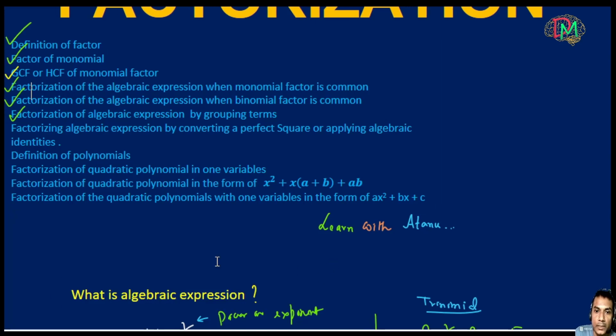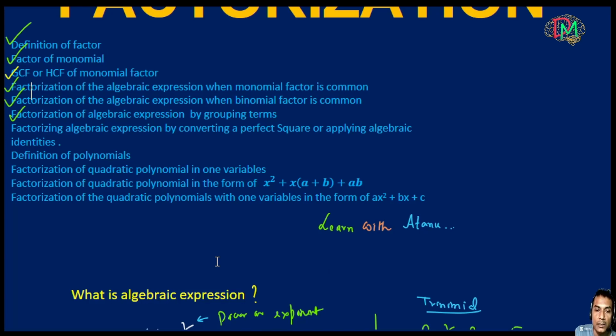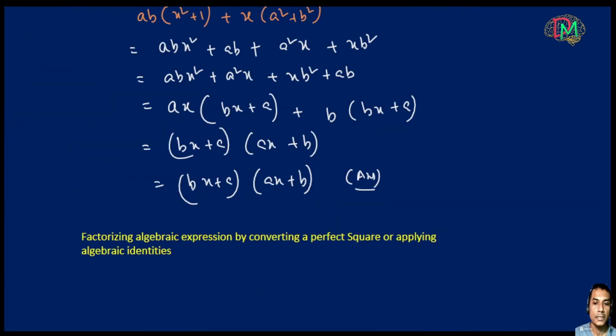Clear? It is actually the application of the algebraic identities to find out the factors or the factorization. Clear? Let's take one example to understand the factorization of the algebraic expression by converting a perfect square.